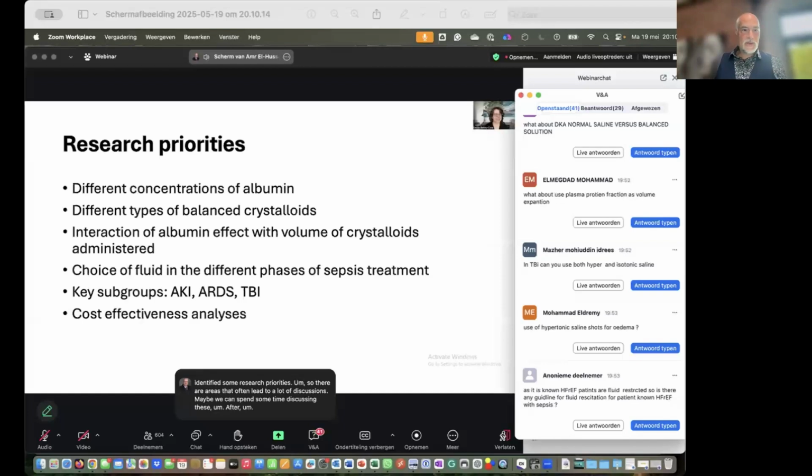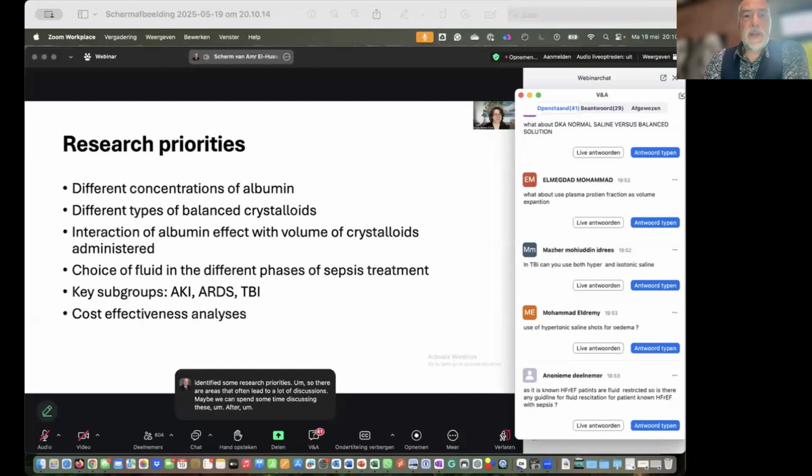Let's have a look. So still, some people will go for normal saline, and we discussed it could be the resources, could be the costs, but I guess compared to the first voting, we have more balanced crystalloids now. So that was for critically ill in general. So what about those with sepsis, septic shock?